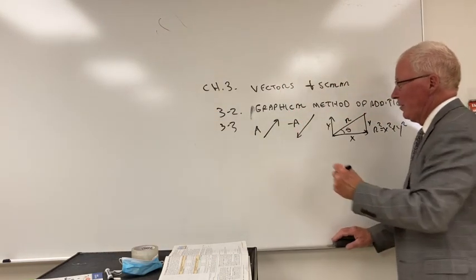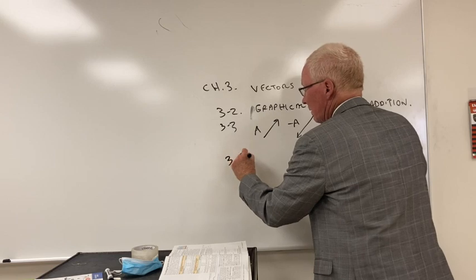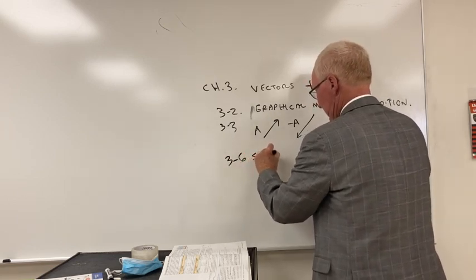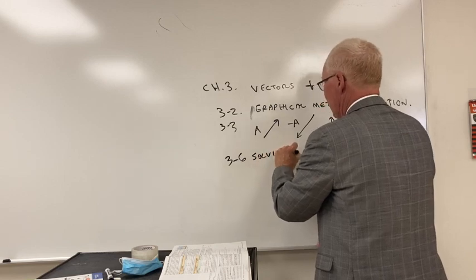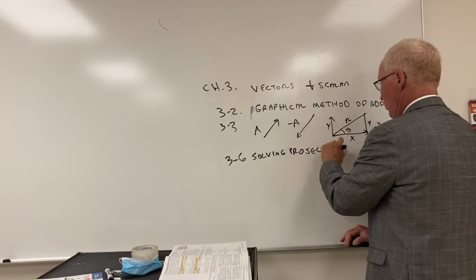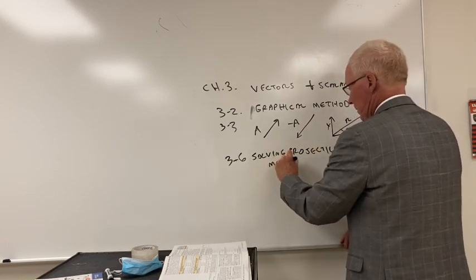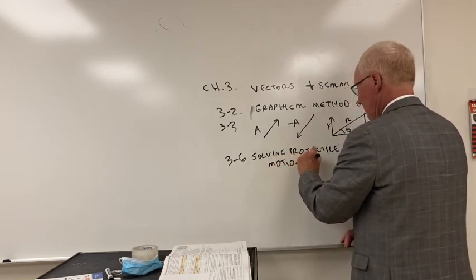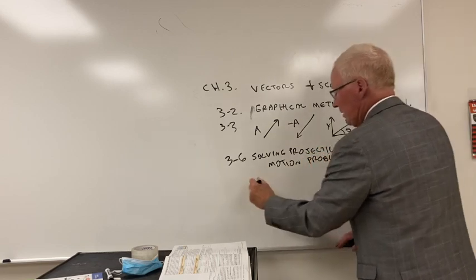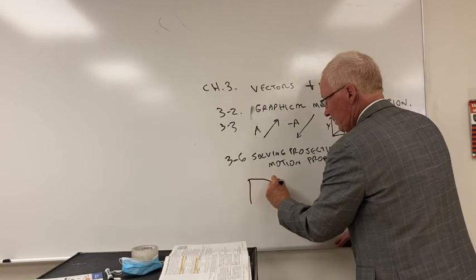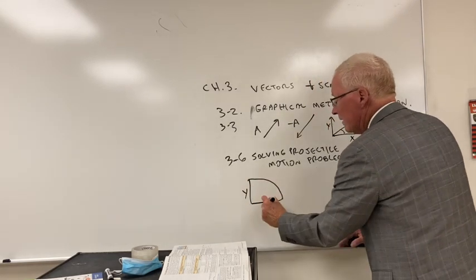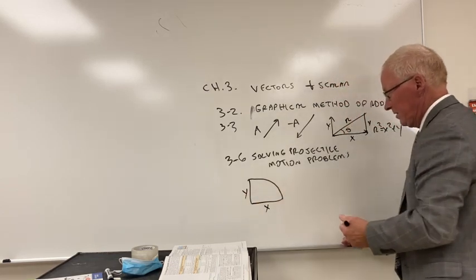It's possible there could be a problem on projectile motion problems, such as when something is launched horizontally and it falls a distance y and travels a distance x when it falls.